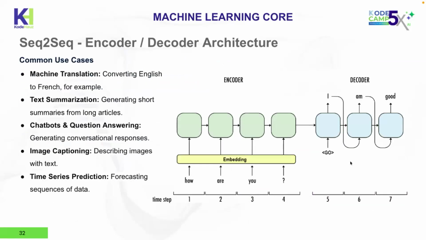So at the end of the day, you see that you have the encoder and decoder architecture, right? I think I've mentioned this already. Some of the common use cases: machine translation, which is converting English to French or English to Spanish. Mentioned already, chatbot and question answering. So question answering is pretty interesting, right? You can give a bunch of questions and then you train it on a bunch of answers, okay?